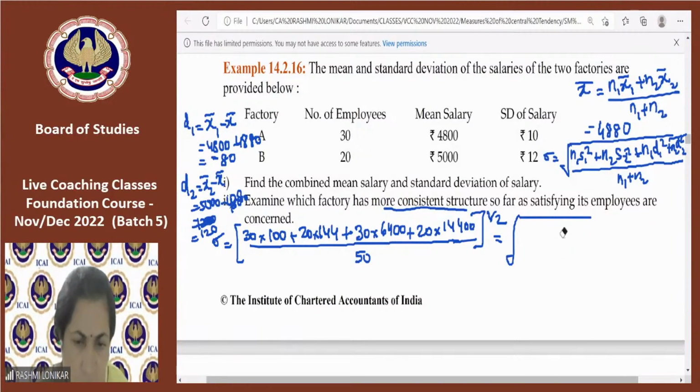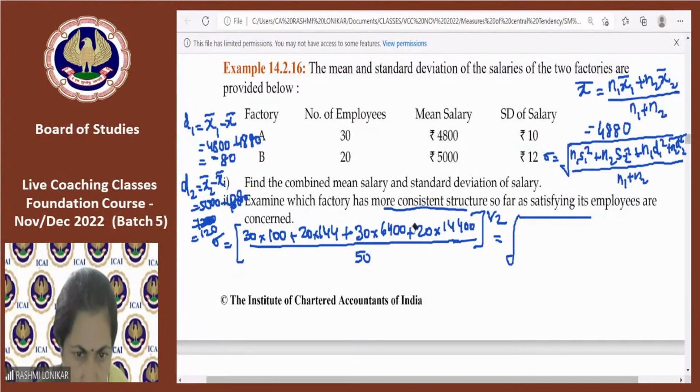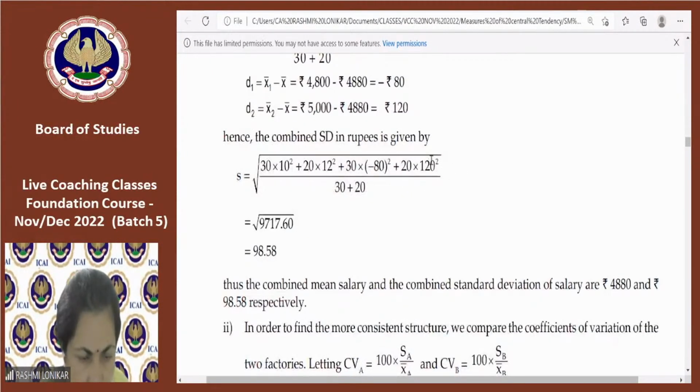Okay, let me see what is here in the addition. The addition comes to 30 square, 120 square. Oh, okay, it is correct. So 98.58. This is the combined standard deviation.